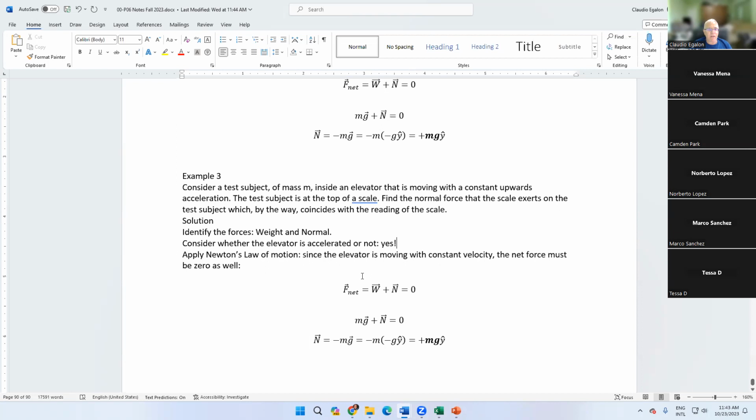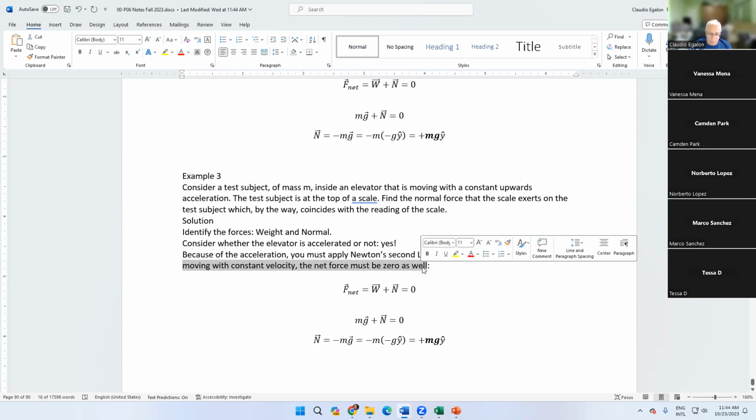And now, because the elevator is accelerated, apply Newton's second law of motion, right? Because of the acceleration, you must apply Newton's second law of motion.